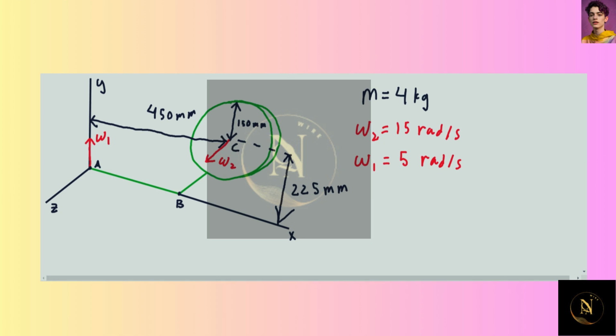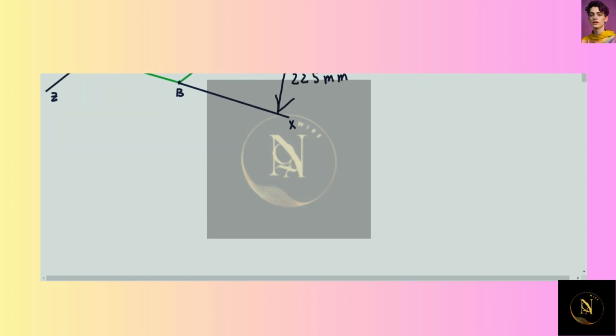So I'll start by writing out the equation for the angular velocity in terms of a vector. So this angular velocity omega is going to be equal to omega 1 j plus omega 2 k.